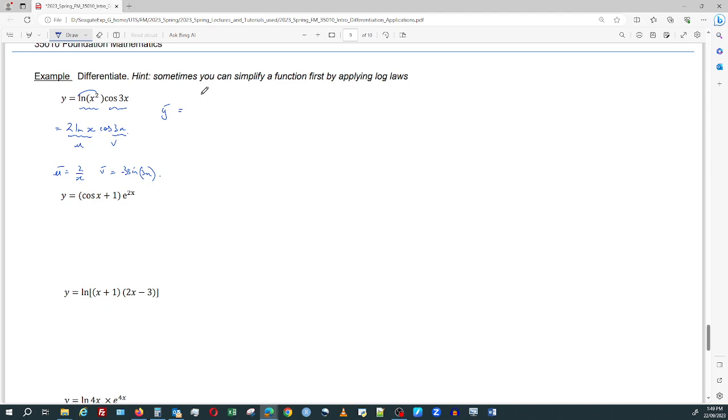So we've got u dash v plus v dash. Got 2 over x cos 3x plus minus 3 sine 3x times 2 ln of x.